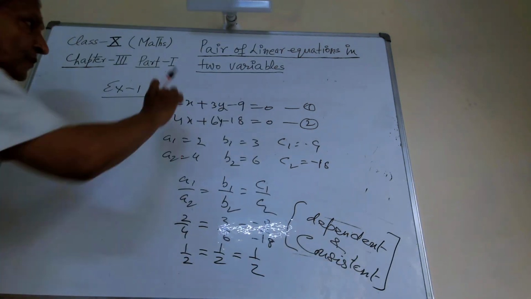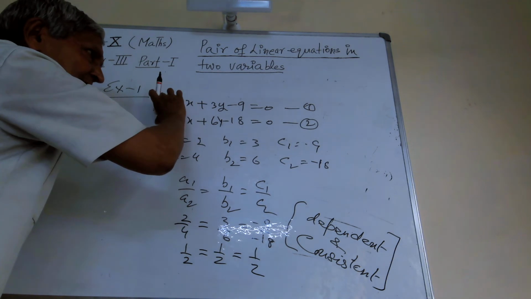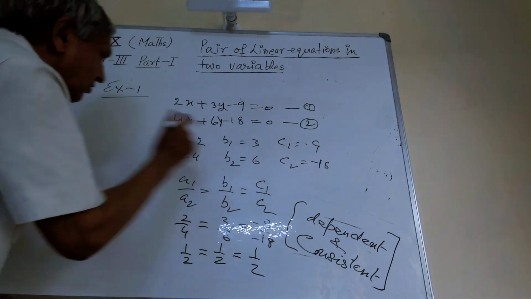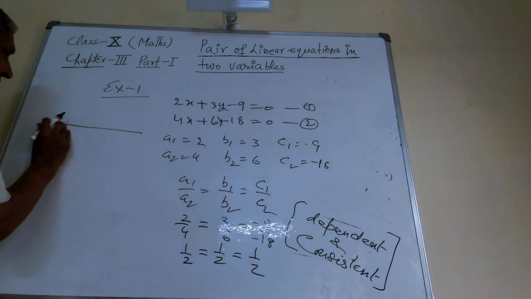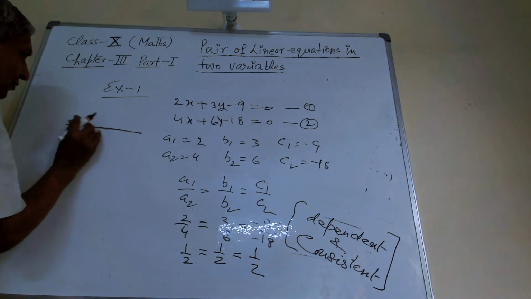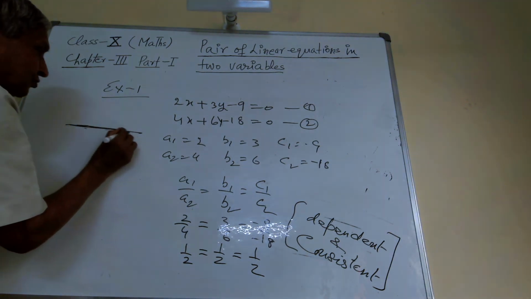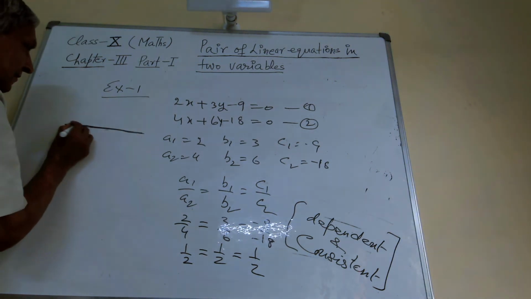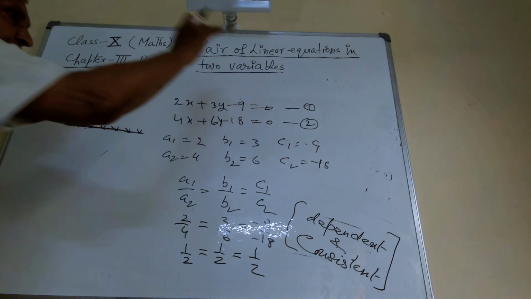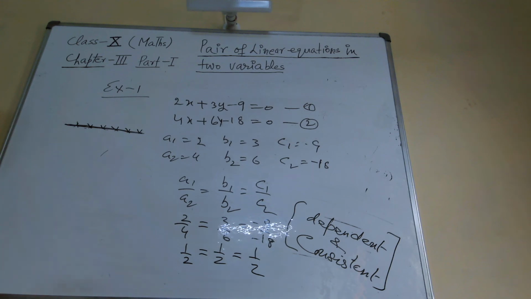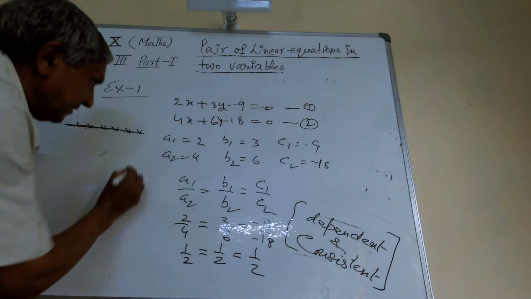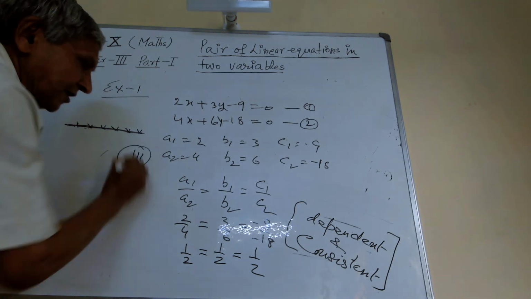It means there is a solution, but not just one: there are infinitely many solutions, because the second line lies on the first line. If you plot these two lines, you will get one single line, and all the points on this line will be the solutions of these two equations. This was the third condition.